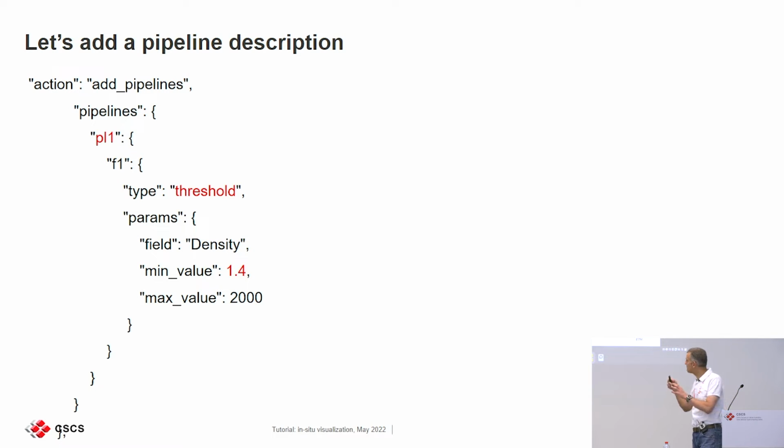So here's a more complete example here. This is one pipeline called PL1 with one particular filter indexed by F1, a filter of type threshold, which takes a minimum value and a maximum value.